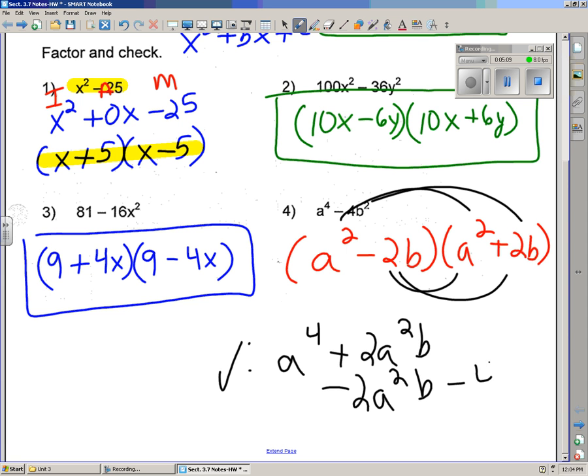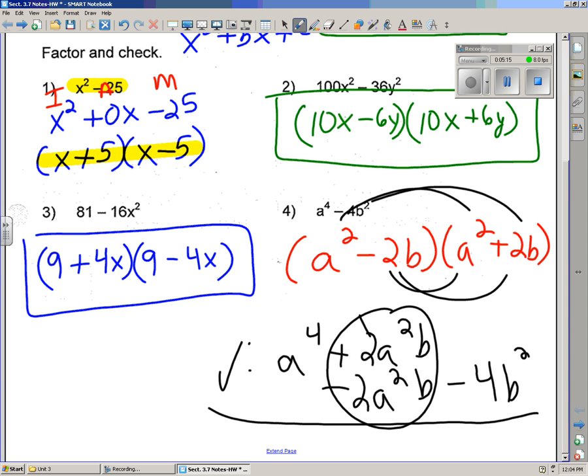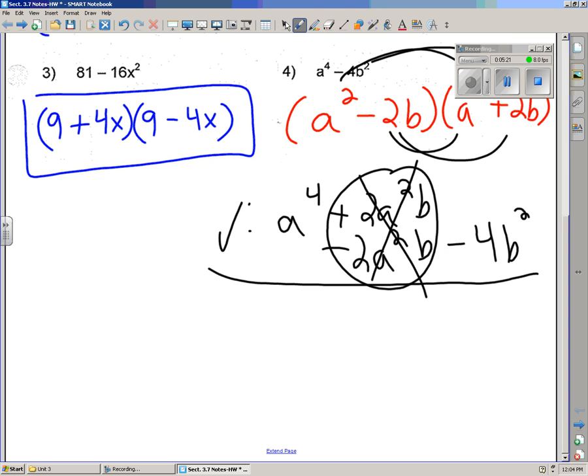Last times last, negative 4b squared. Well, what happens is these two are inverses. They go away, which means you check into the final answer of a to the fourth minus 4b squared, and that was what the original problem started out to be.